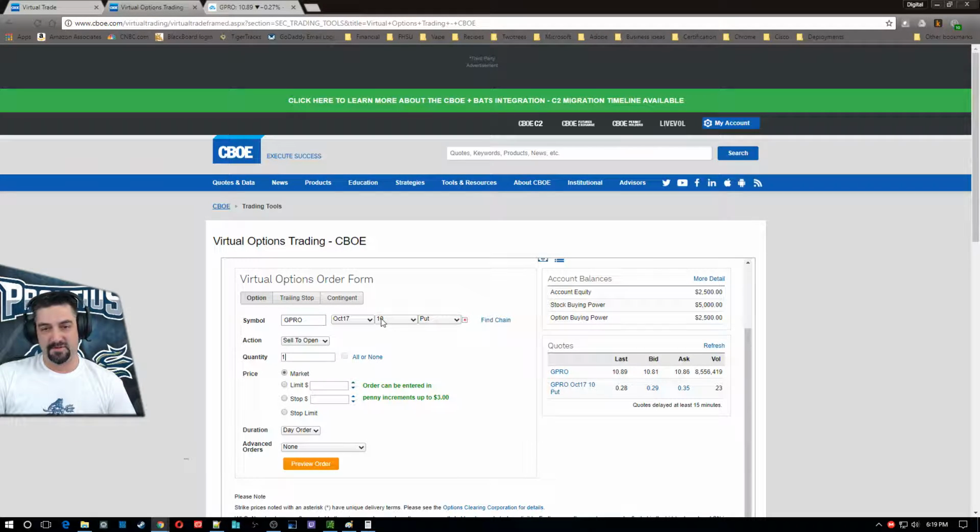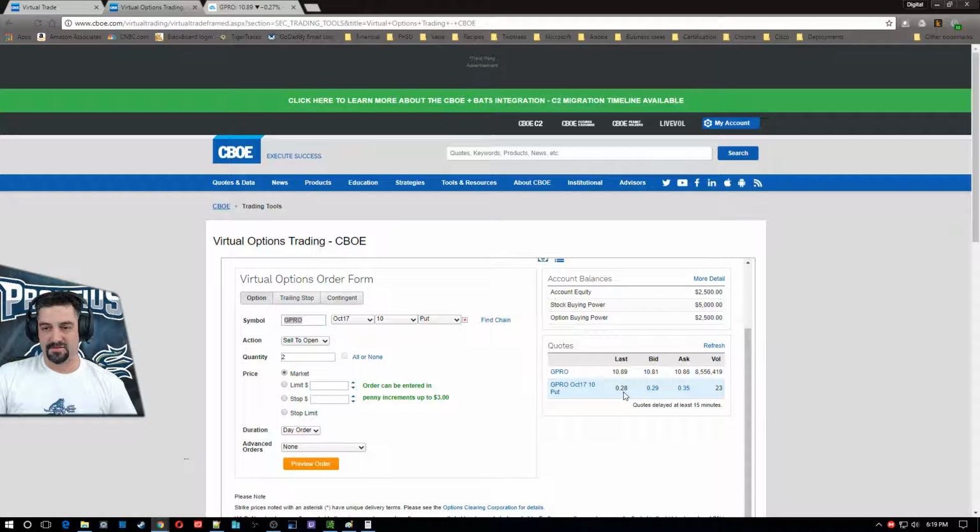So 100 times 10 is 1,000. We can do 2. We can't do 2.5. We can do 2 contracts, which is 200 shares of the underlying equity, which in this case is GoPro. So looking here, GoPro October 20th, $10 put.